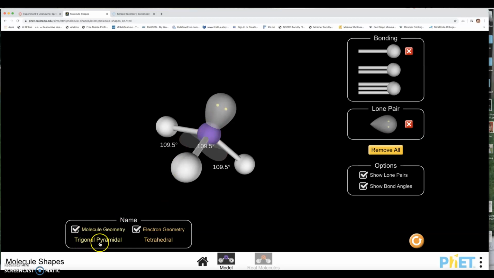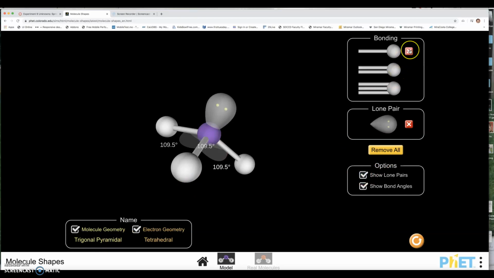My molecular geometry is trigonal pyramidal. Why? It only looks at the atoms in describing the molecular geometry shape. So it's tetrahedral because it's taking into account lone pairs as an electron group, and there's 4 electron groups. But the molecular geometry only looks at atoms, so that's trigonal pyramidal, not tetrahedral.